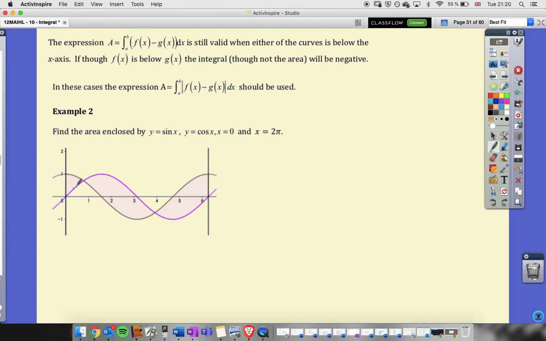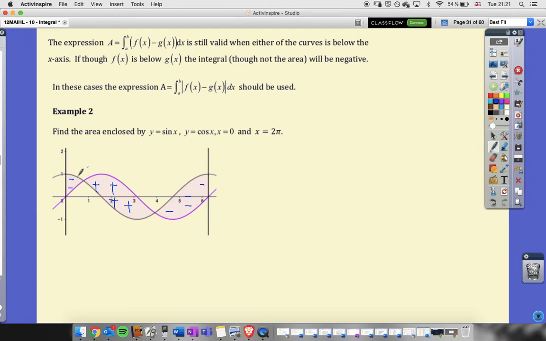If we took this purple curve as our upper curve and we're subtracting the black curve from it, we would get a positive area here. In fact, let's put plus signs there. So we get a positive area here where it's above the black curve, but down here it's below the black curve, so we get negative areas, and we get negative areas there.